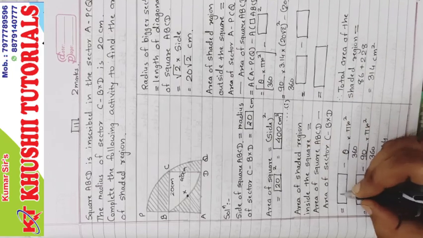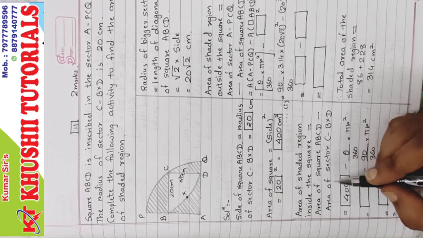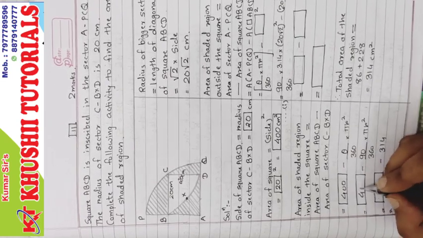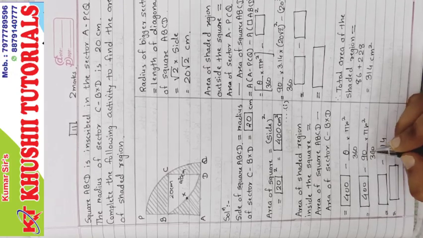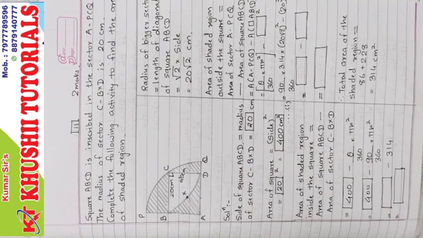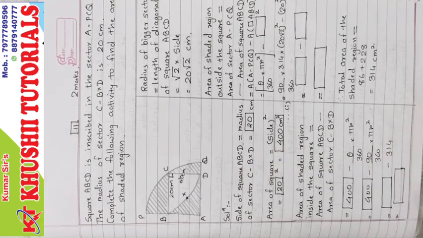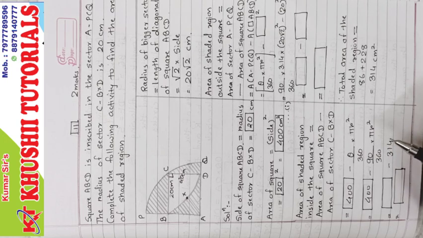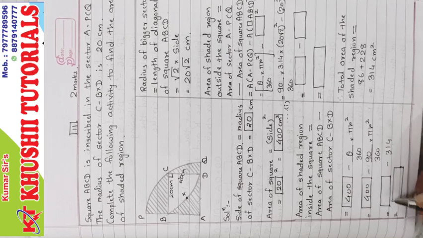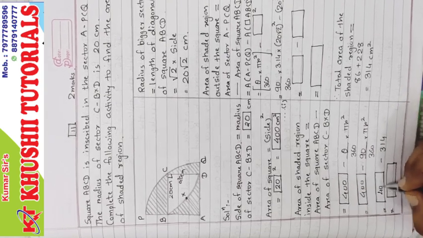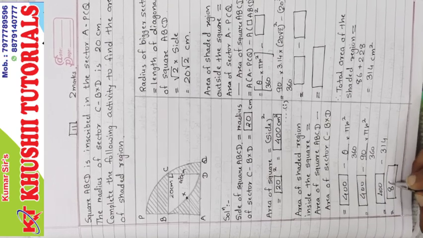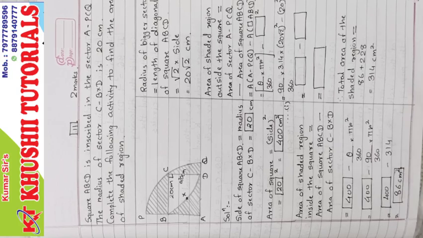Area of square we know is 400, minus area of sector, theta upon 360 into pi r square. Theta is 90, because it is a square, so the angle will be 90 degrees. So 90 upon 360 into pi r square. After substituting values, we will get 314. So 400 minus 314 is 86 centimeter square.